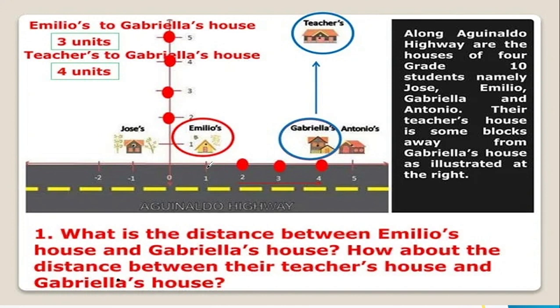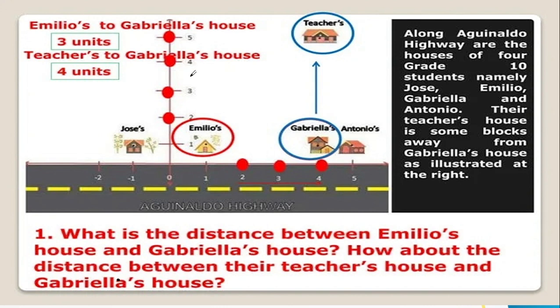We just count the distance from Emilio to Gabriela: 1, 2, and 3. So the distance is 3 units from Emilio to Gabriela's house and vice versa.